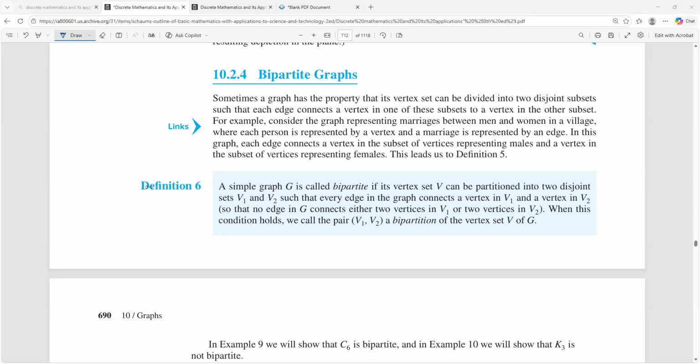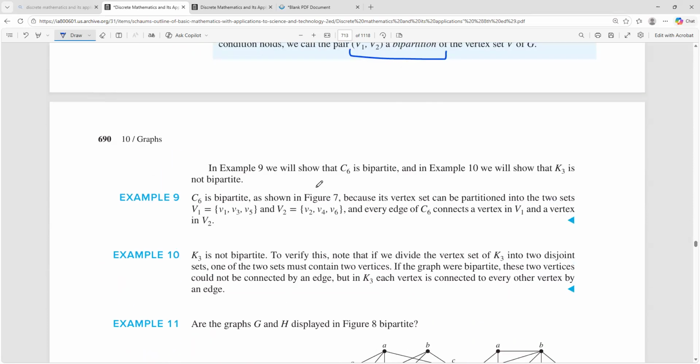We can take the vertex set V and partition it into two disjoint vertex sets V1 and V2, such that every edge in the graph connects a vertex in V1 and a vertex in V2. No vertices in V1 connect with each other. This then becomes a bipartition of the vertex set V of G.